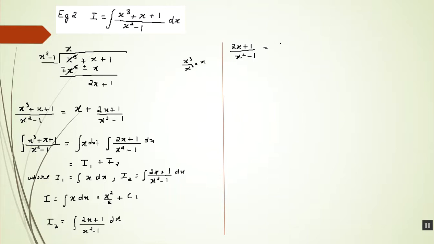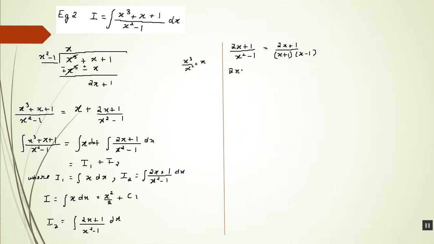This will be equal to 2x plus 1. Now since I know a square minus b square is equal to a plus b into a minus b, so this will become x plus 1 into x minus 1. Okay, now I will rewrite using partial fractions.